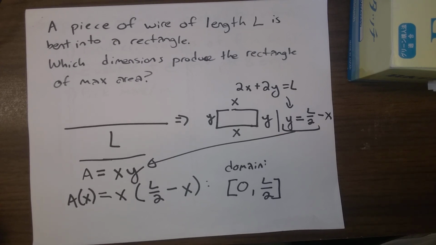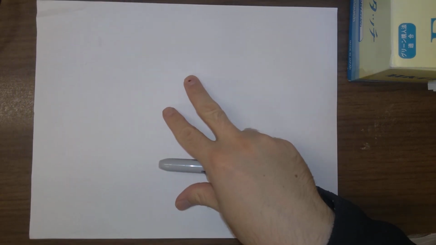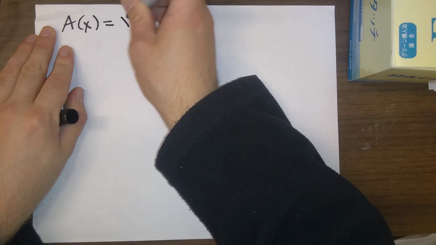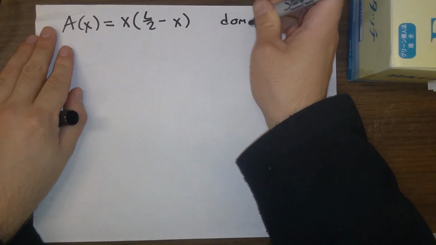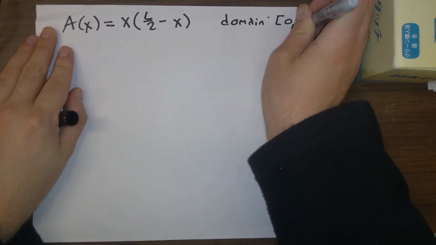It's okay, we can handle that, it will have 0 area. So this is where we are for our problem. We have our function A of x is x times L over 2 minus x, and our domain is 0 to L over 2.